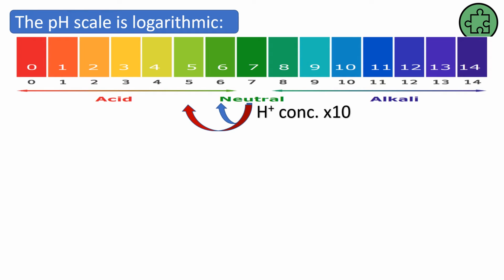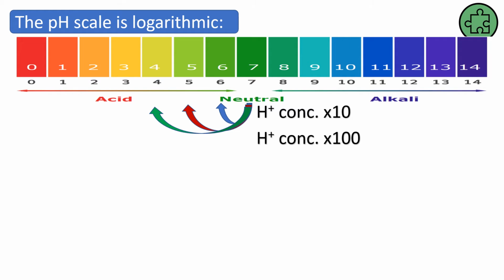Now, if I went down to pH 5, I've actually gone 10 times 10. And therefore, pH 5 compared to pH 7 is actually 100 times the concentration. There are 100 times more hydrogen ions in pH 5 than there are in pH 7.